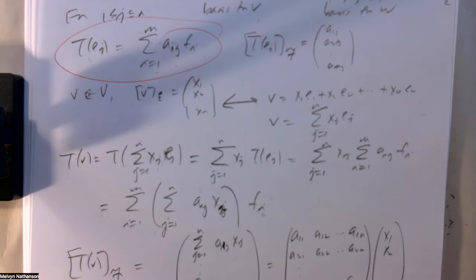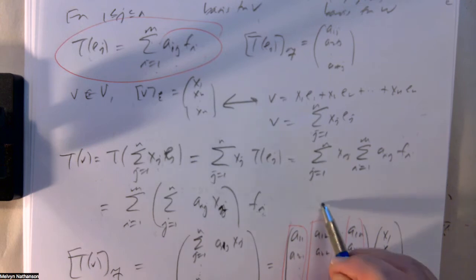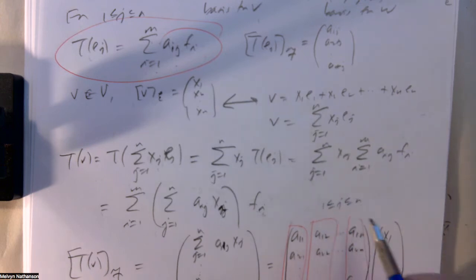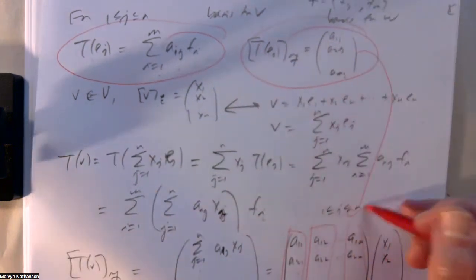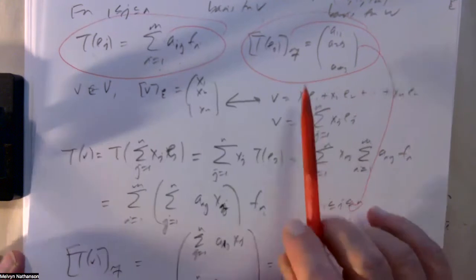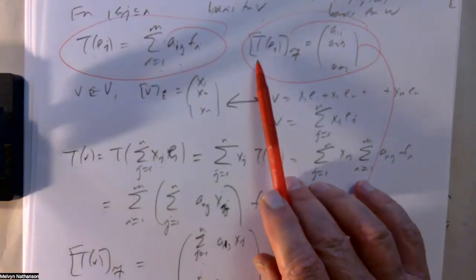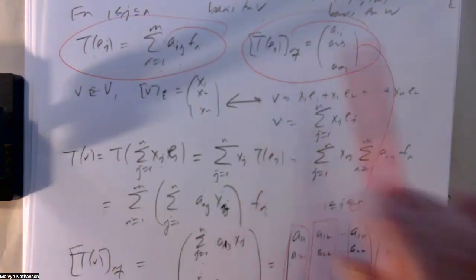And in fact, these columns, there are n columns, and they're exactly the coefficient vectors for the linear transformation T applied to the basis vector ej.